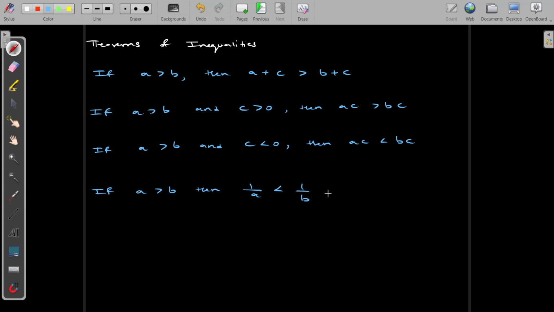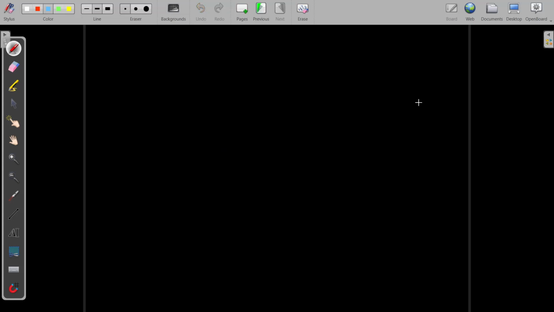Let's see. So I think we can do some solving inequalities now in terms of identifying the range.